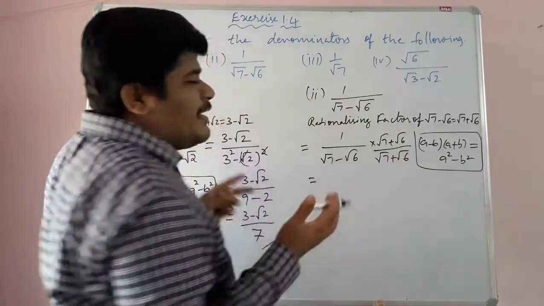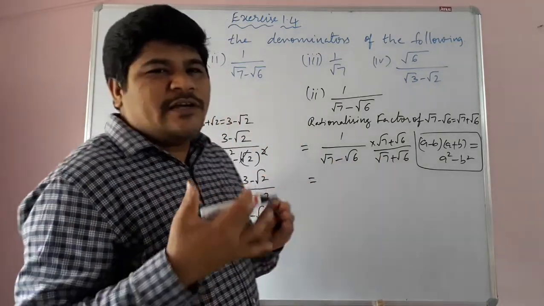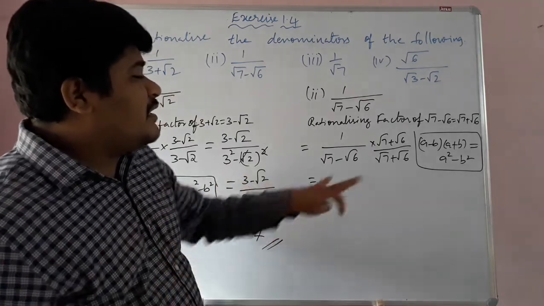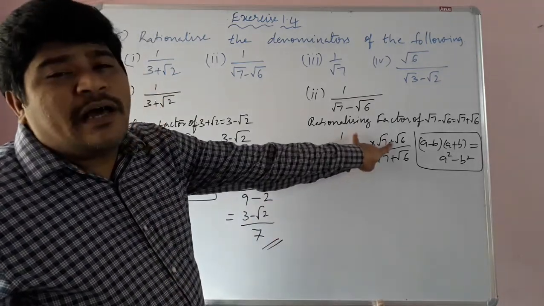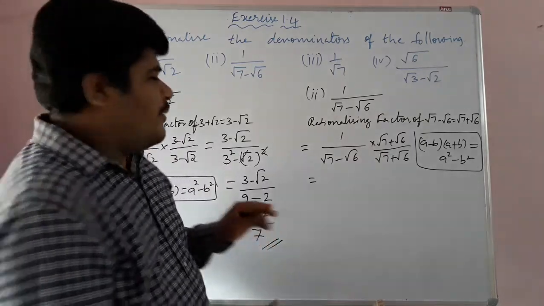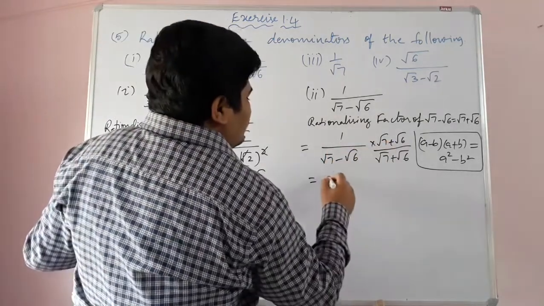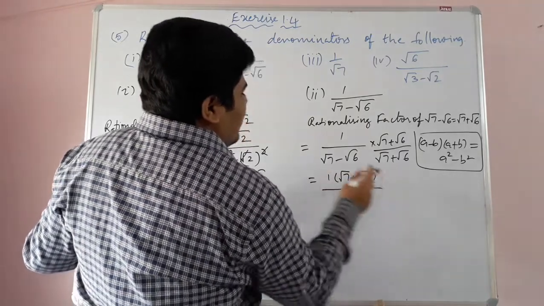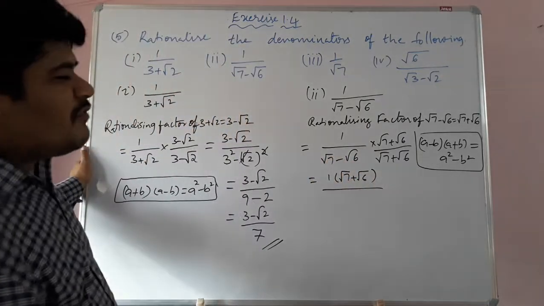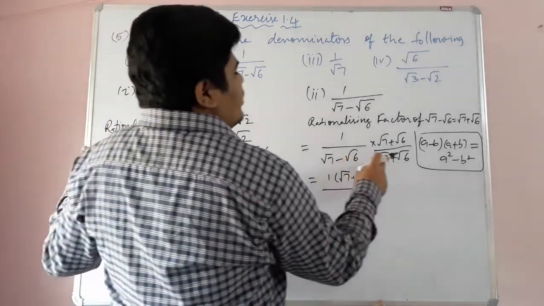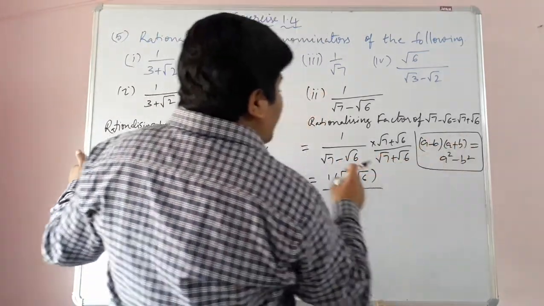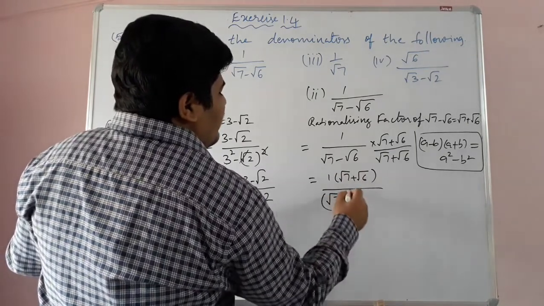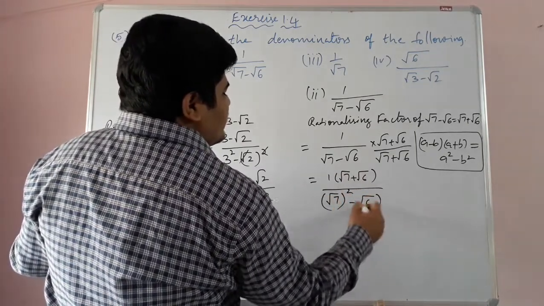And see, we are multiplying two fractions, right? So in multiplication of two fractions, remember children, numerator into numerator by denominator into denominator. Okay. So 1 into root 7 plus root 6 by, and the denominator is in the form of a minus b into a plus b, which is equal to a square minus b square. So it can be written as root 7 square minus root 6 square.